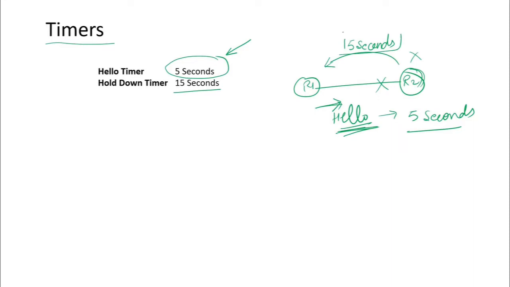If it does not get any reply within 15 seconds from the other router, it sets it as dead and removes it from the routing tables. The router thinks that router 2 is not connected anymore. So whatever routes it has learned from router 2, or any connectivity via router 2, will be removed from the routing tables. And if it has some alternate path, it will choose that path to reach that destination.